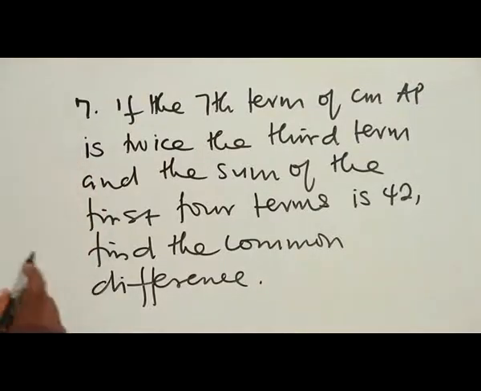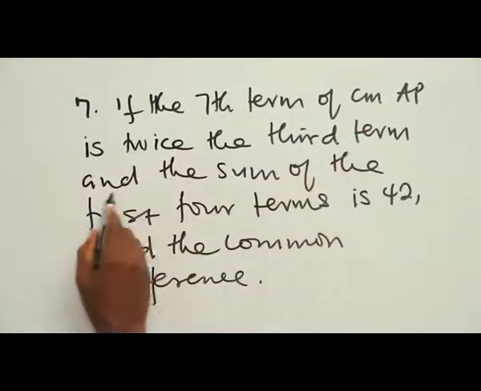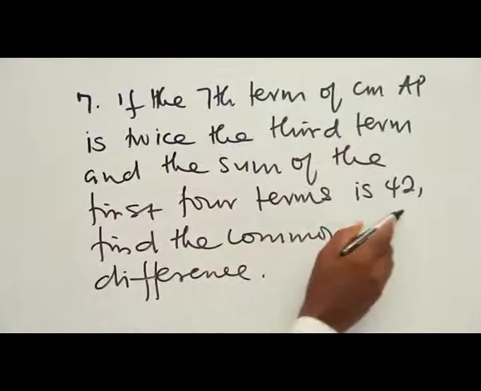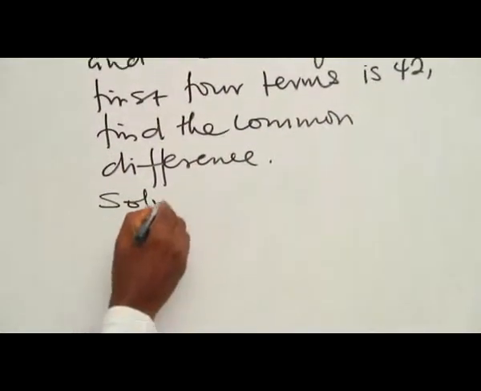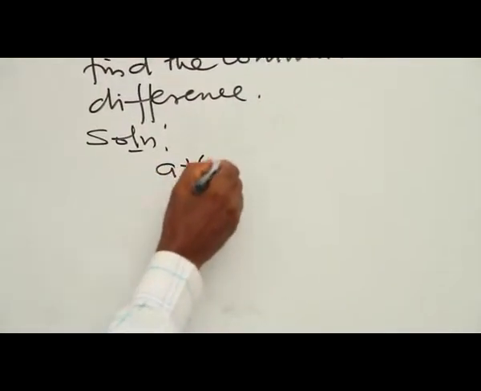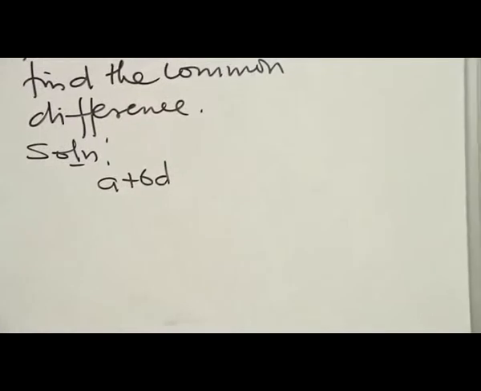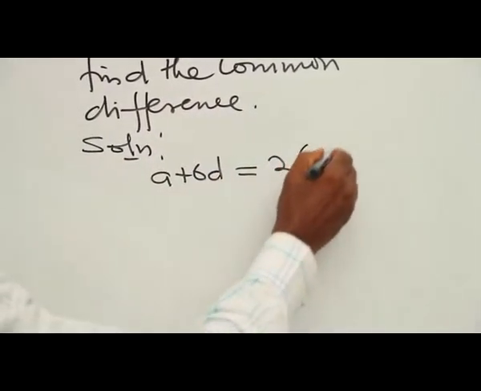Example 7. If the seventh term of an AP is twice the third term and the sum of the first 4 terms is 42, find the common difference. Solution. The seventh term is a plus 6d, and this one is twice the third term. The third term is a plus 2d.